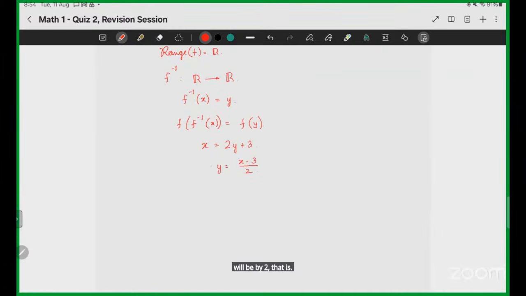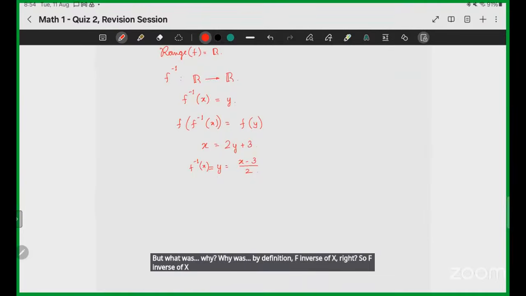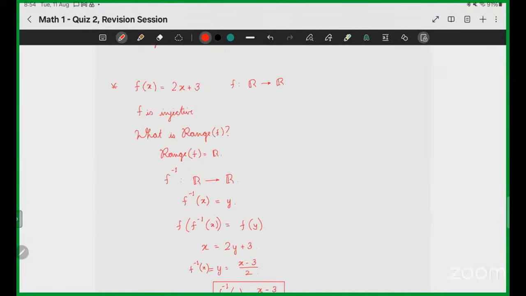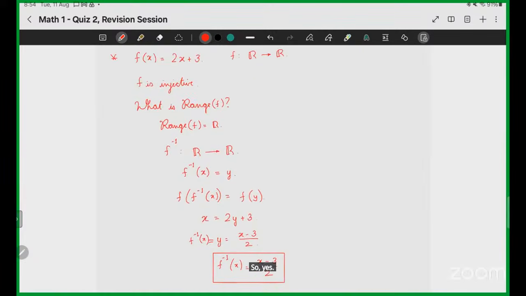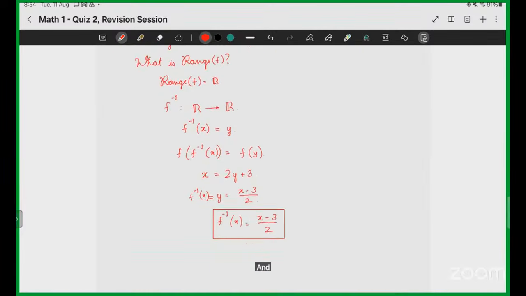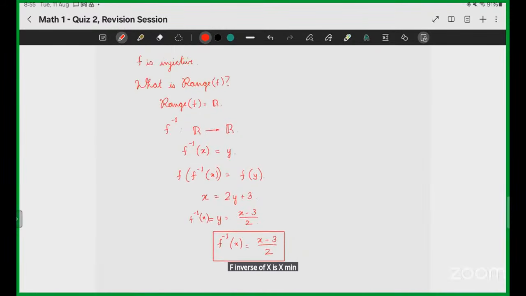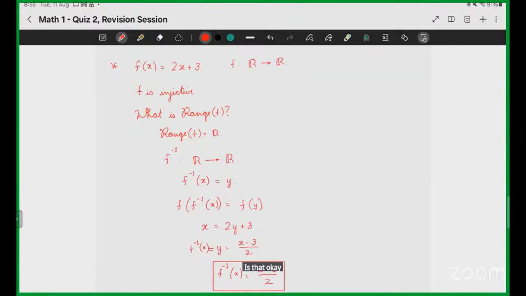But what was y? y was by definition f inverse of x. So f inverse of x is (x minus 3) by 2. So yes, 2x plus 3 is invertible, and the inverse is f inverse of x equals (x minus 3) by 2. Is that okay? Yes.